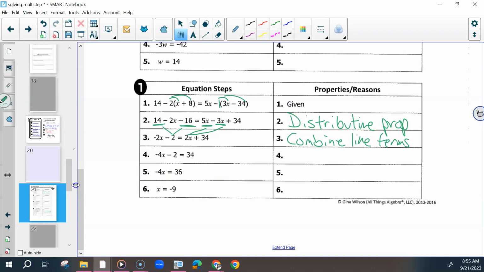So then opposite. And then step 4 to step 5. We added 2.